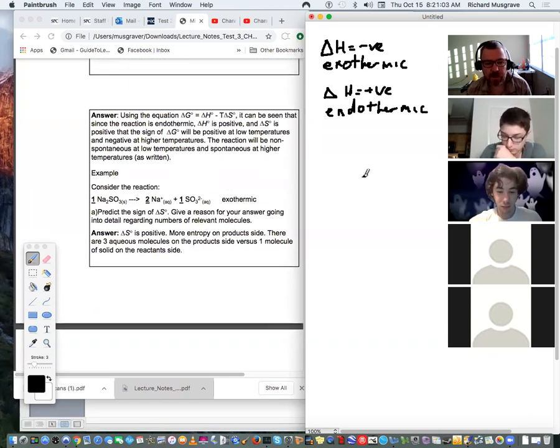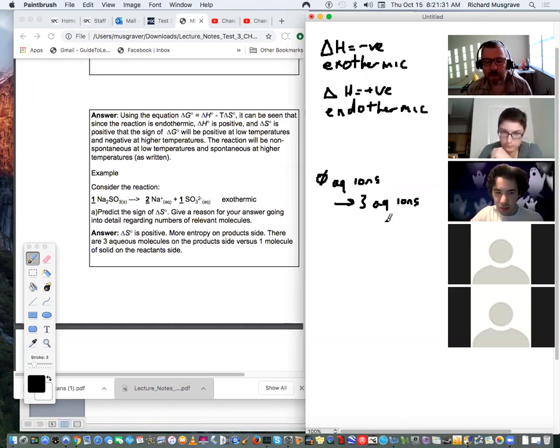And for this one, we have 0 aqueous ions on the reactant side. So 0 aqueous ions going to, let's see how many, 2 plus 1 is 3. So 3 aqueous ions on the product side.